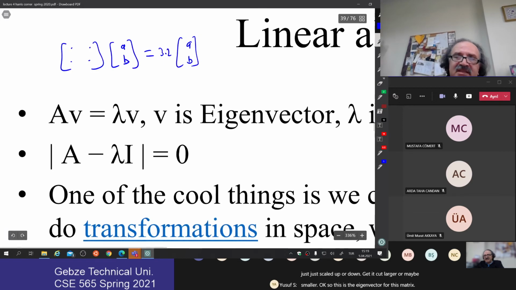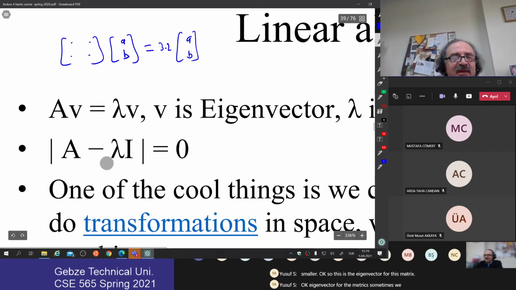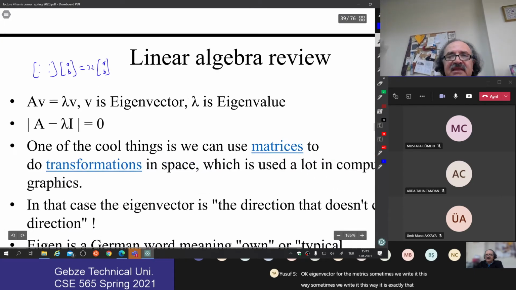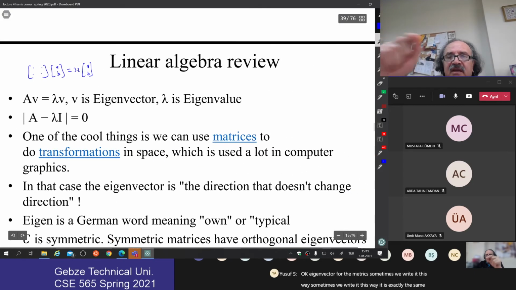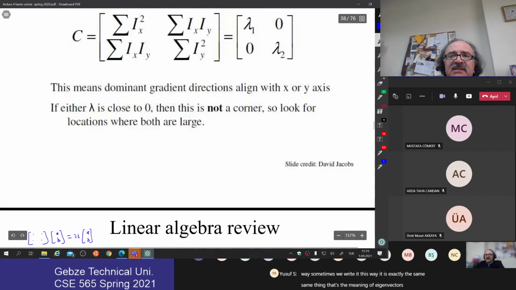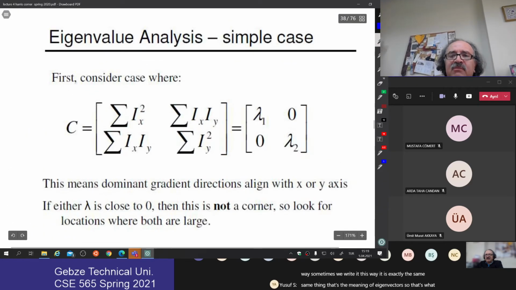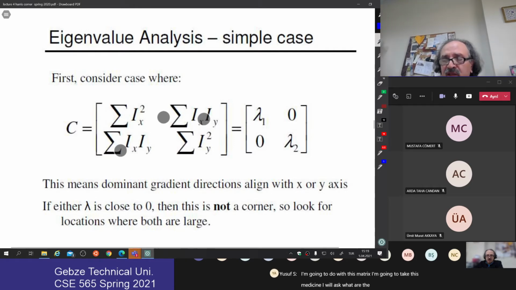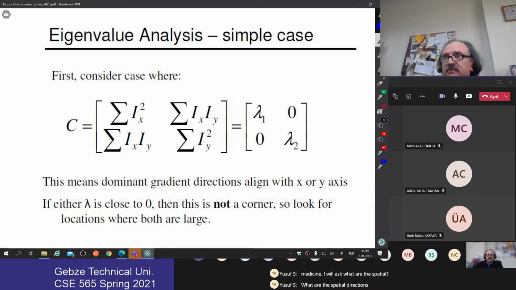Sometimes we write it this way, sometimes we write it this way. It is exactly the same thing. That's the meaning of eigenvectors. So that's what I am going to do with this matrix. I am going to take this matrix and ask, what are the special directions for you?